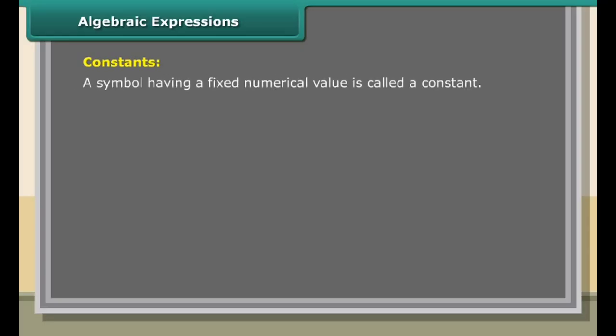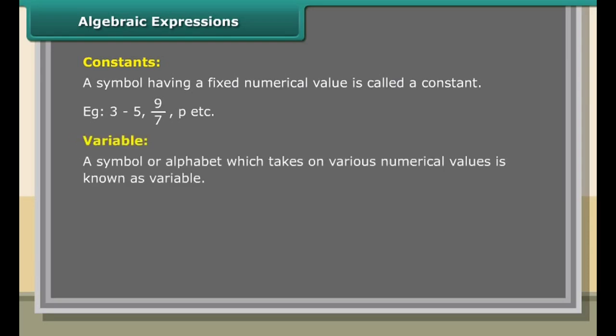Algebraic expressions. Constants. A symbol having a fixed numerical value is called a constant. Example, 3, minus 5, 9 upon 7, pi, etc. Variable. A symbol or alphabet which takes on various numerical values is known as variable.